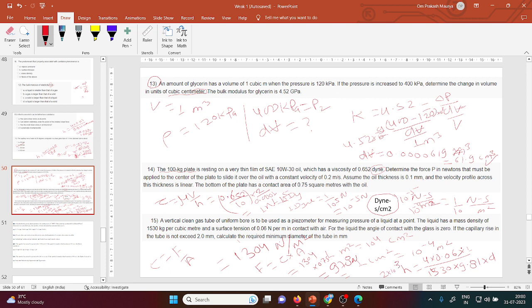When we calculate, it is 4 into 0.06 divided by 2 into 10 to the power minus 3 into 1530 into 9.81.